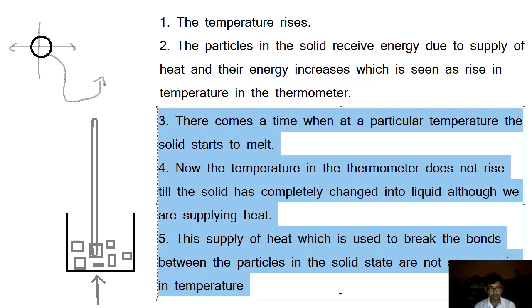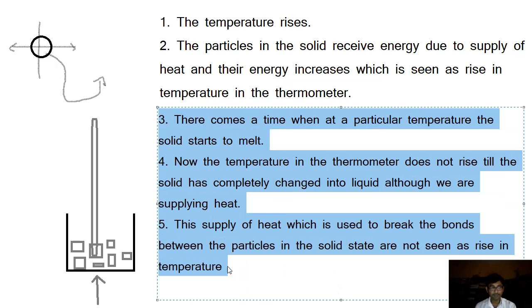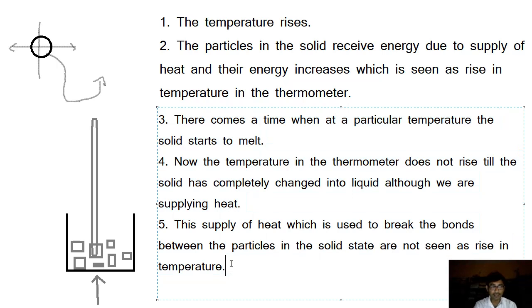Okay, so it is not seen as rise in temperature, and since this is not seen as rise in temperature, we call it latent heat, that is hidden heat, and this latent heat is called latent heat of fusion. So latent heat of fusion is experienced when solid changes into liquid, and latent heat of vaporization is experienced when liquid changes into gas. So that was about latent heat.